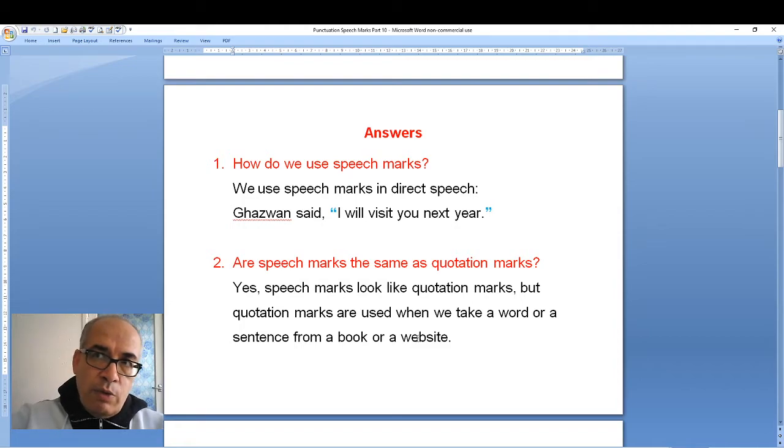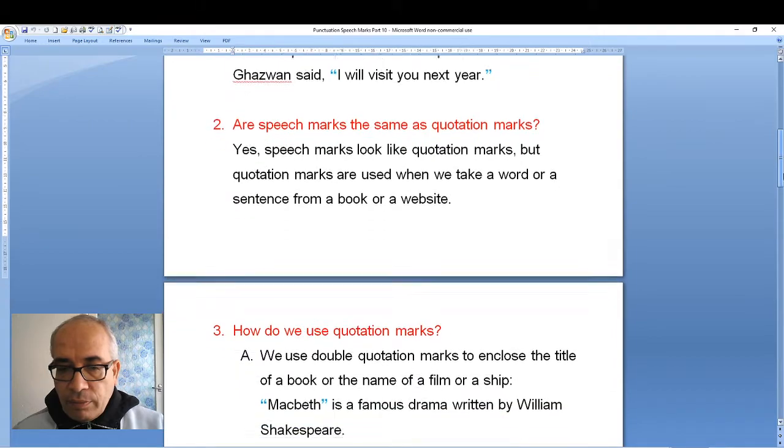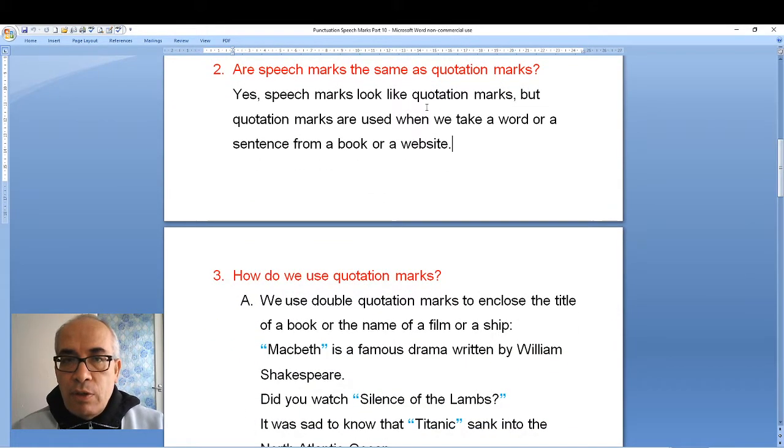Quotation marks are used when we take something from a book or from the internet or from an article or from a newspaper, and it is not your words. If you take a text and this is not your words, you have to use quotation marks. So I take a sentence from a newspaper.